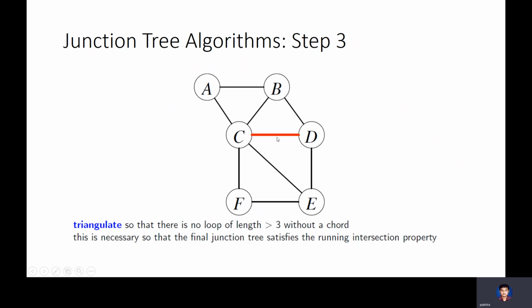For example, if this red link was not there, BCED would have been a four-loop. But if I introduce the CD chord, I get only smaller loops. I get BCD loops and CDE loops. So there are no loops in this graph which are more than length 3. If it is more, I short circuit them by introducing a chord.